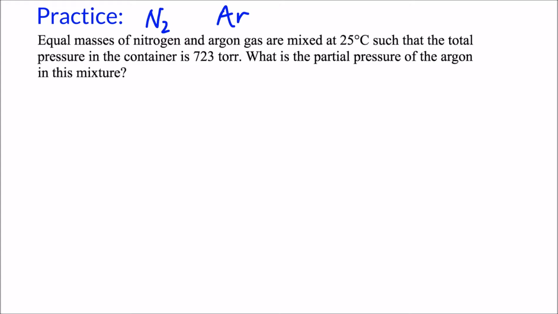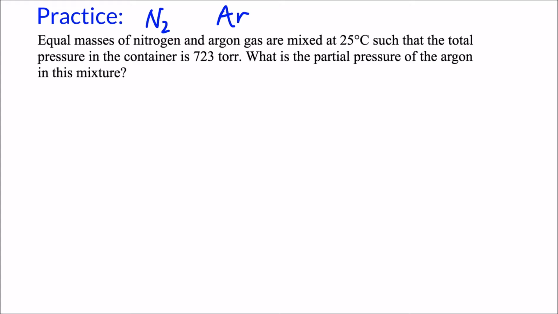What is the partial pressure of the argon in this mixture? So let's get an idea about how we're going to figure this out. They just said that we have equal masses of nitrogen and argon gas. We have a total pressure, and we have a temperature.